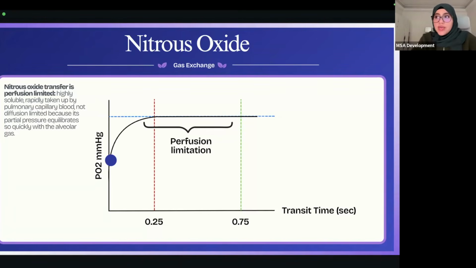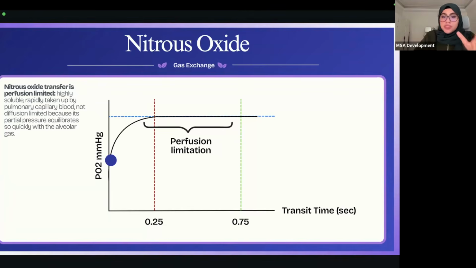And the only way to have more nitrous oxide be taken up, because it matches the alveolar partial pressure so quickly, is to add more blood volume so that there can be more space for it to diffuse. The membrane isn't the issue here; the issue is that there's not enough blood volume, right? And so if you put in more blood volume, it won't be a limitation, it'll just perfuse.